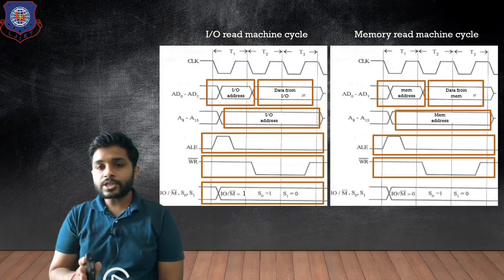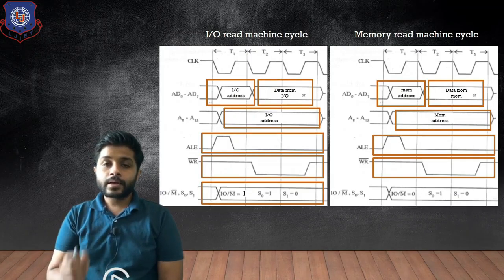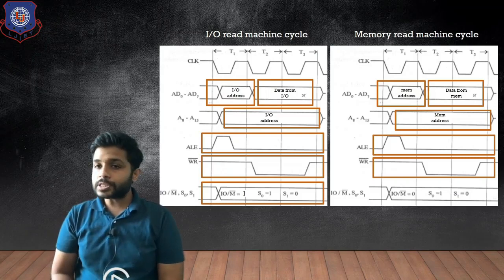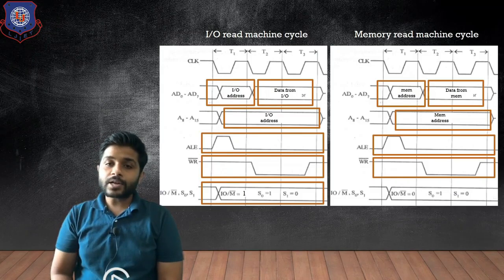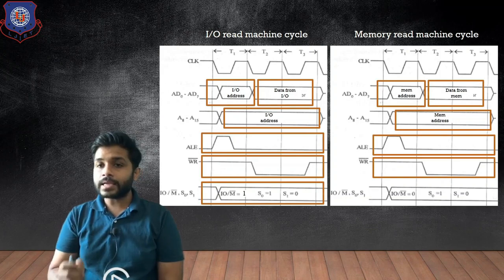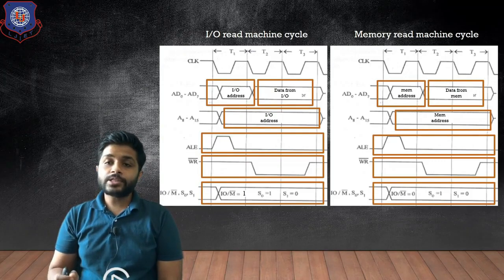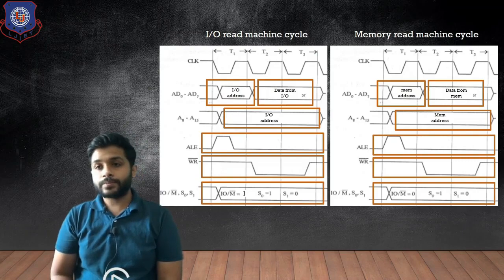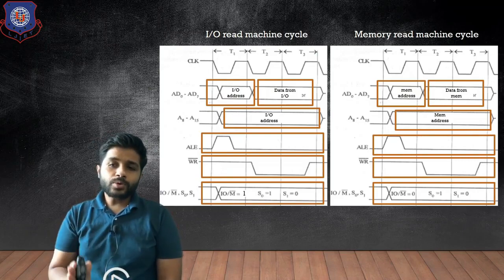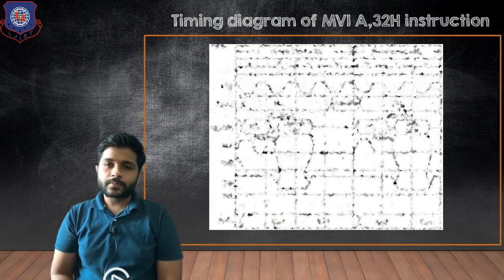But the value of the IO/M bar and S0 and S1 will be different for these two. Like in the case of input output read machine cycle, the value of the IO/M bar will be 1 and S0 and S1 will be 1 0. And for the memory read machine cycle the value of the IO/M bar will be 0 and S0 and S1 will be 1 0.